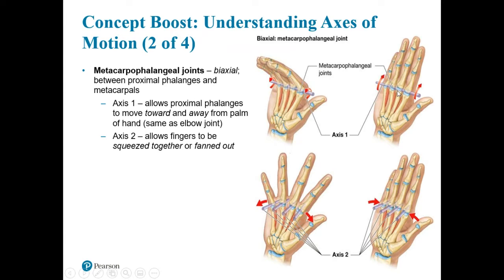That's what's called biaxial. First is, just like if you were waving goodbye, bringing those phalanges forward. The second type is spreading out the fingers. Spread out your fingers in this manner, and that's the second type of movement of the metacarpophalangeal joint, which is a biaxial joint.